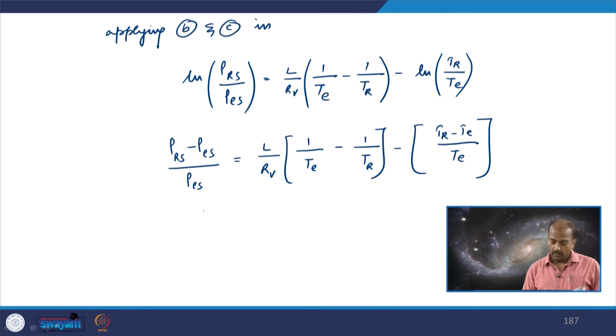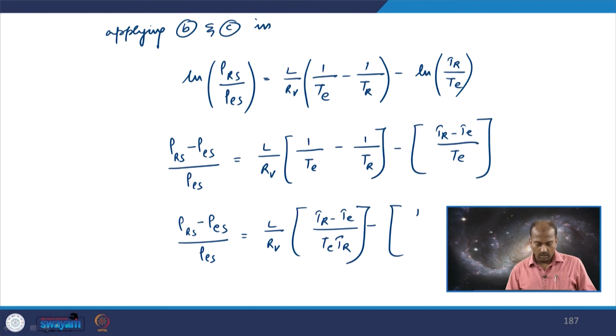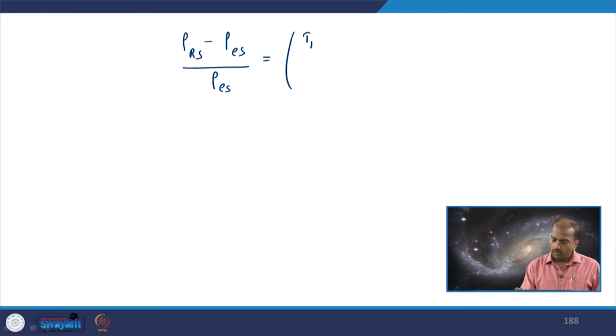Simplifying this algebraically, (rho_RS minus rho_ES) divided by rho_ES equals L by R_V times (T_R minus T_E) divided by T_E, minus (T_R minus T_E) divided by T_E.